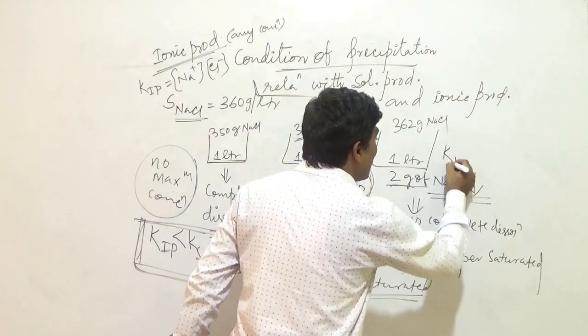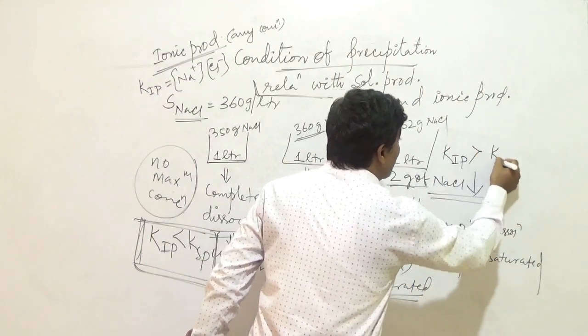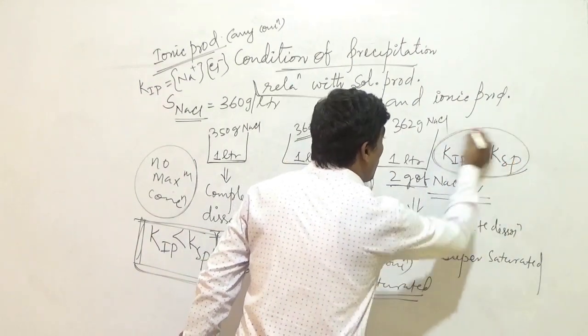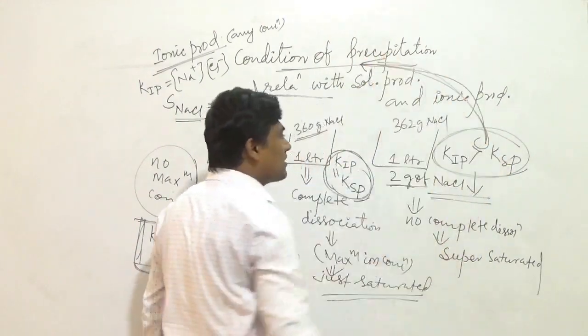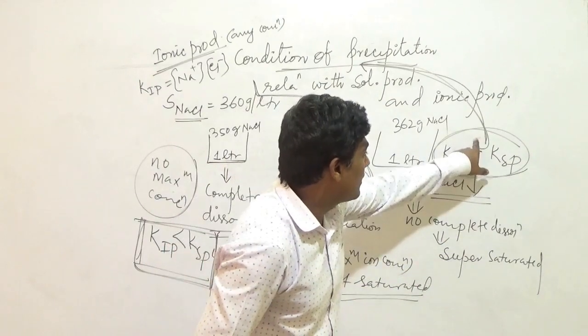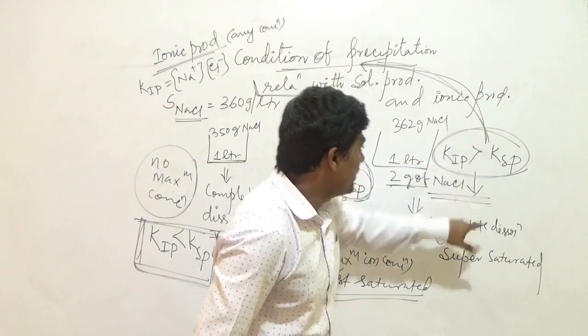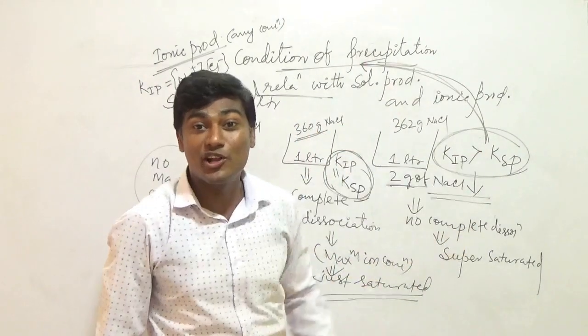In this case, Kip is greater than Ksp. This is the condition of precipitation: precipitation occurs when the ionic product exceeds the solubility product.